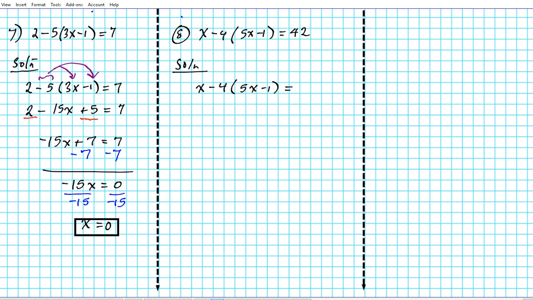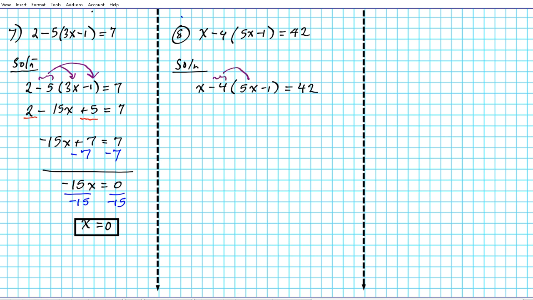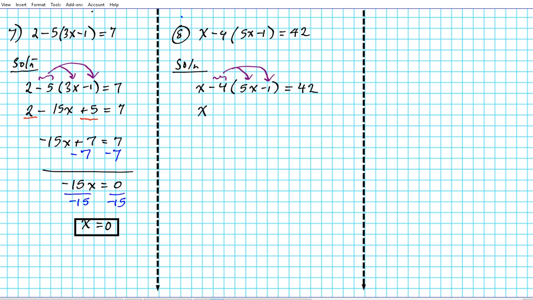To get rid of the parentheses, we're going to distribute negative 4 again. So it's negative 4 that's getting distributed. Okay, distribute. And then we are going to have x minus 20x plus 4.